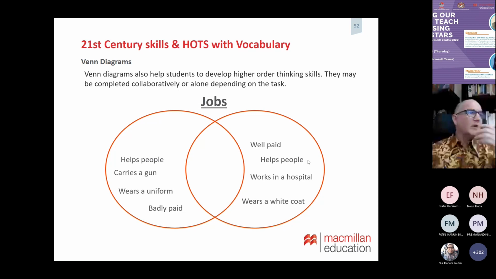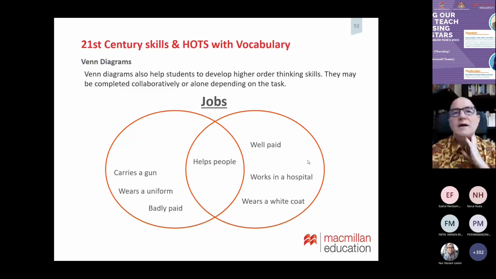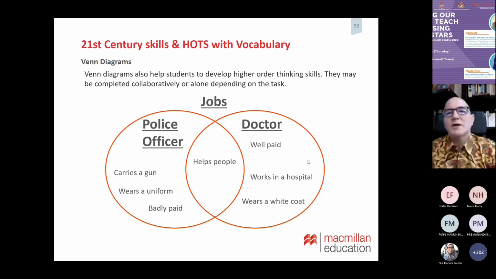Now, what we're looking at in a Venn diagram is to find things that are similar. So you can see here that helps people is the same. We've got a police officer and a doctor. So by using this Venn diagram, we can list the descriptions of the police officer, the descriptions of a doctor, and then see if there's any way that they match together in the middle.